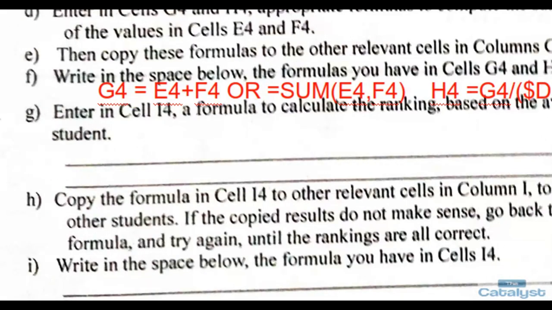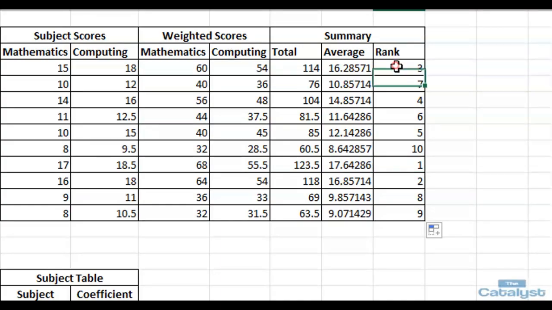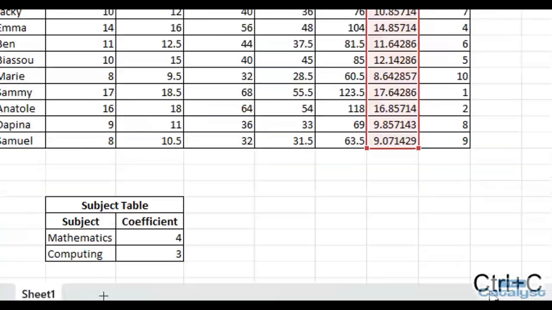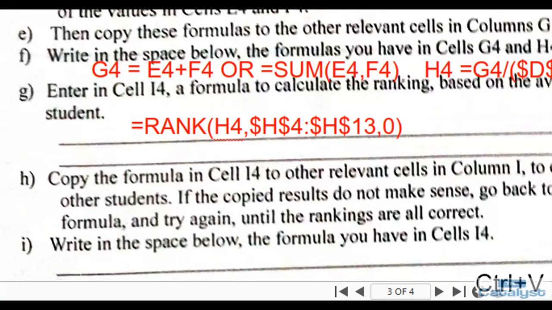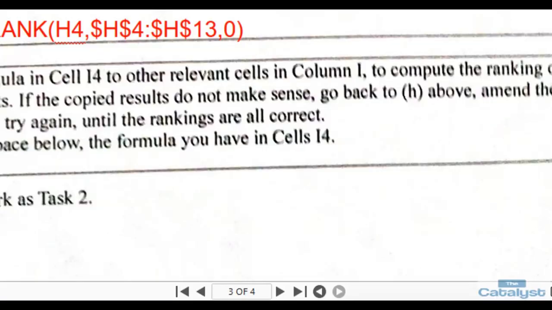We have to enter the formula down here for I4. This is I4 here. I will just copy this and paste it here. Voila. So copy the formula in cell I4 to other cells. Okay, we have done that.